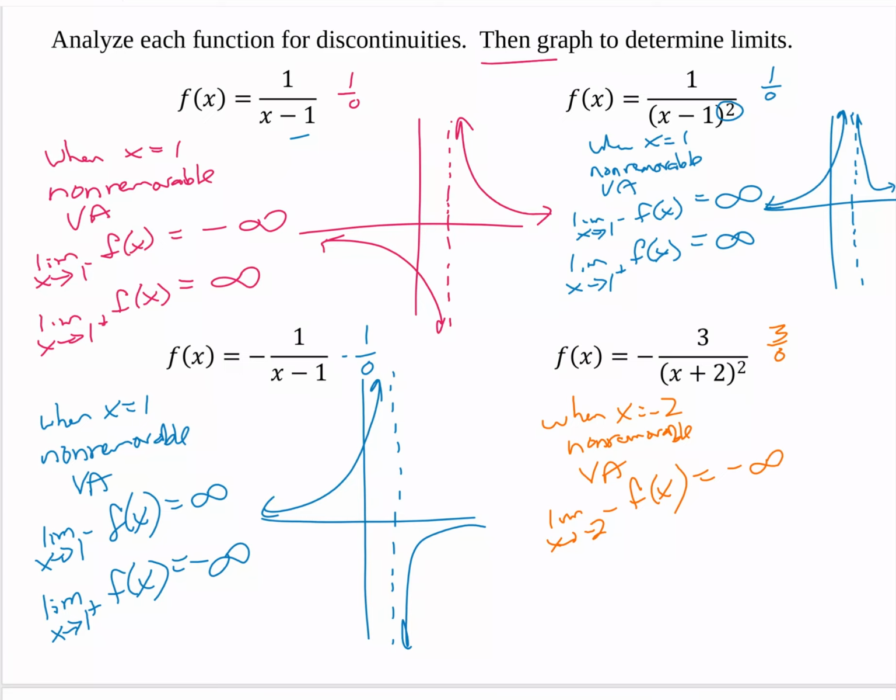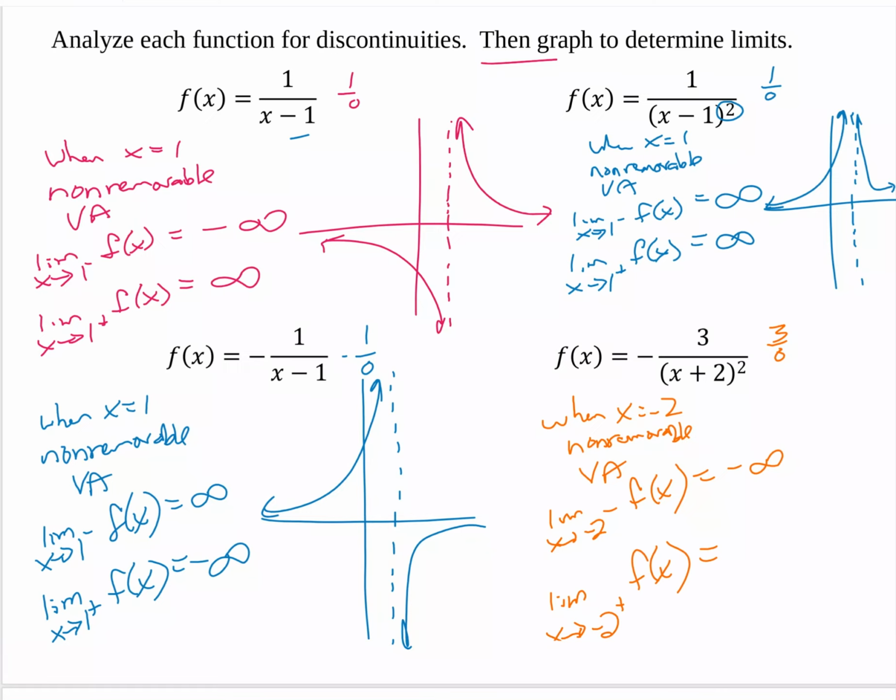What am I writing? The limit as x approaches negative 2 from the positive direction of the function equals positive infinity or negative infinity. So what am I plugging in?